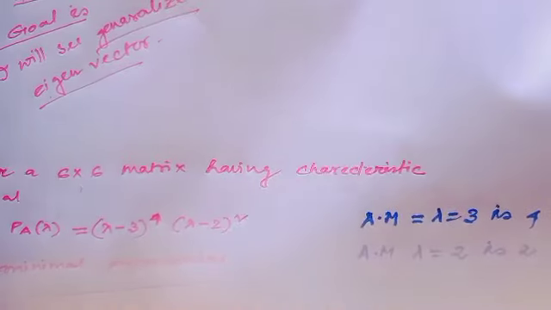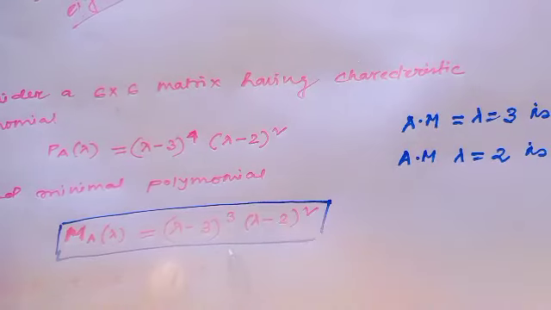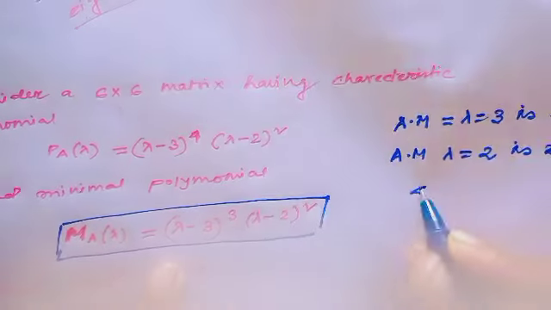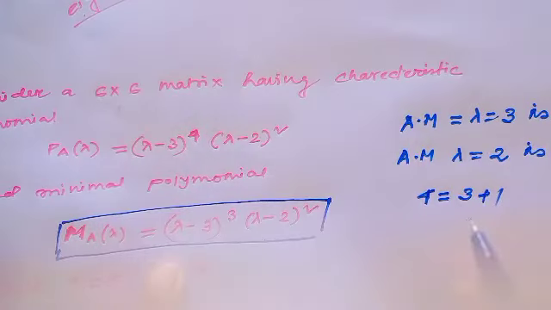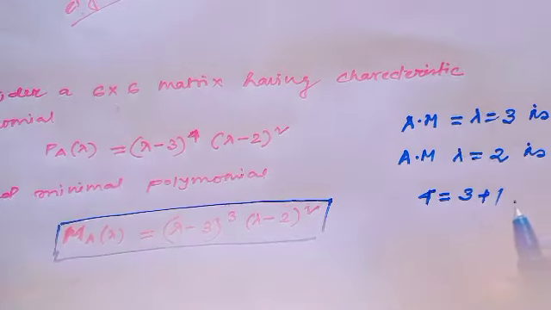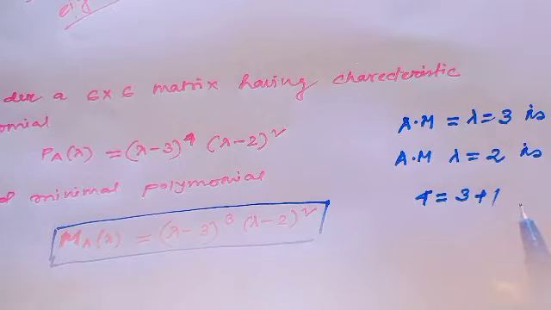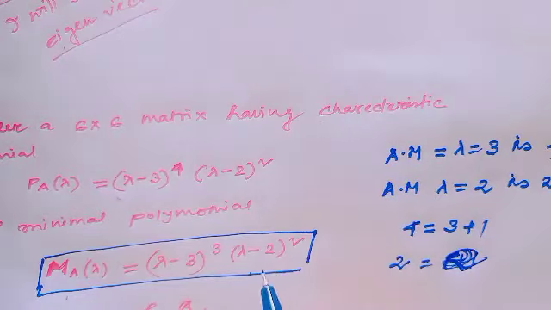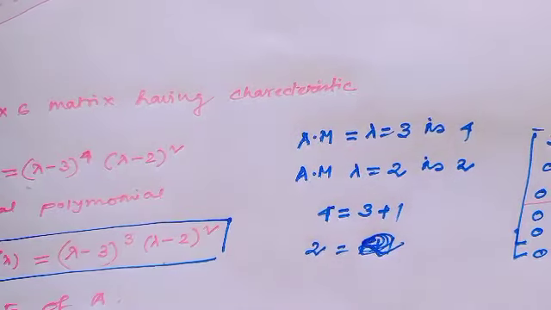The algebraic multiplicity of lambda equal to 3 is 4, the algebraic multiplicity of lambda equal to 2 is 2, and the degree of the minimal polynomial factor for 3 is 3. Therefore, 4 equals 3 plus 1. That means there exists one block of order 3 and another block of order 1. And since the power of the minimal polynomial factor for eigenvalue lambda equal to 2 is 2, therefore obviously 2 equals 2.